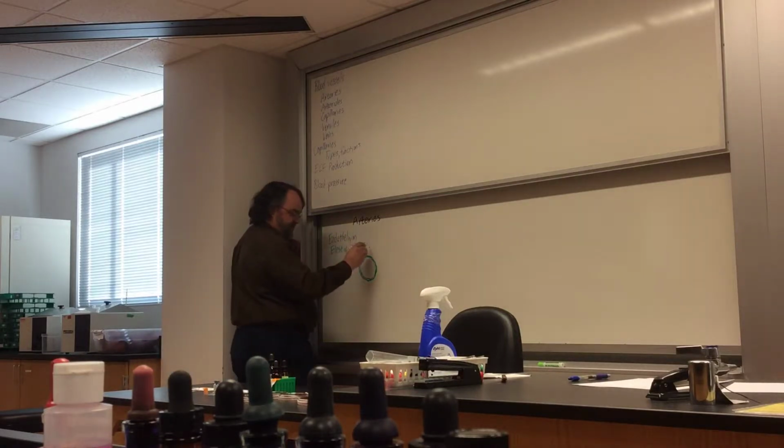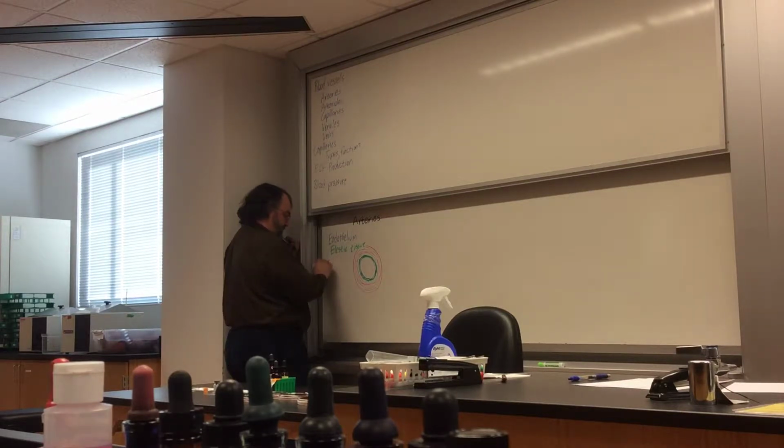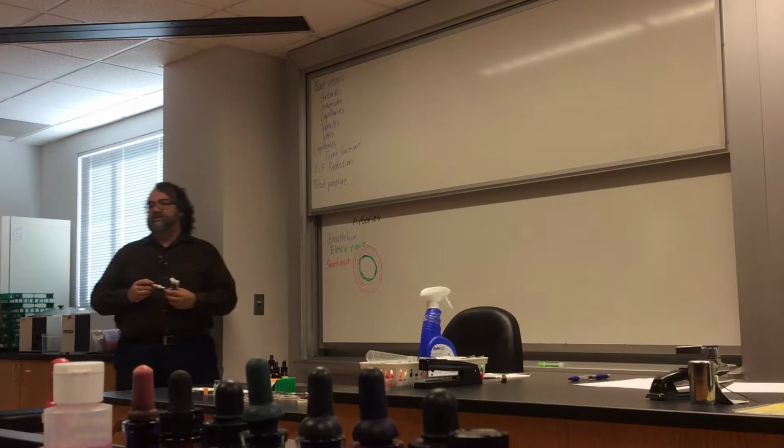Outside of that elastic tissue layer, we have a relatively thick layer of smooth muscle. Arteries are particularly noteworthy for this.